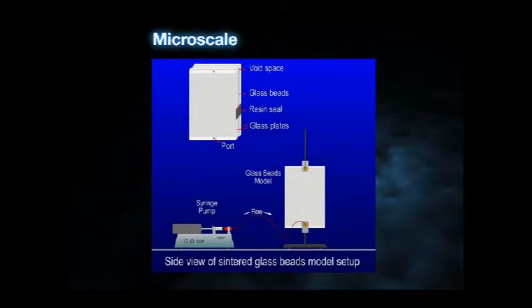A second model, we had a glass bead model, as we see here, same situation, but this is a much larger experiment. You get one plate of glass, like a window glass that you have in your home.